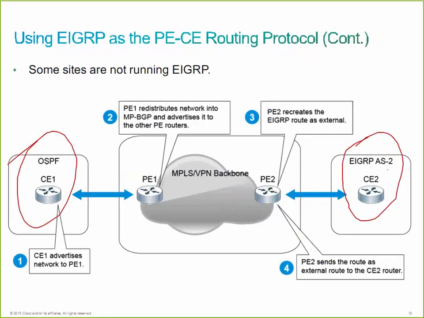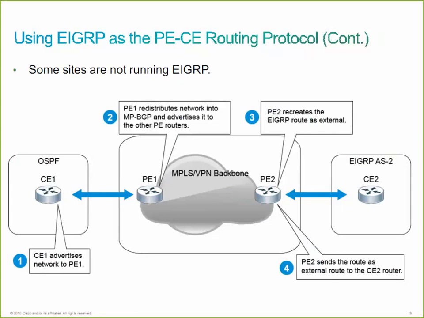And that's perfectly fine. Because remember, we're transporting this routing information using BGP. So whatever we're running locally is kind of irrelevant, right? Except the routes that are being injected from the OSPF side have to be recreated as EIGRP routes on the CE2 router. All right?